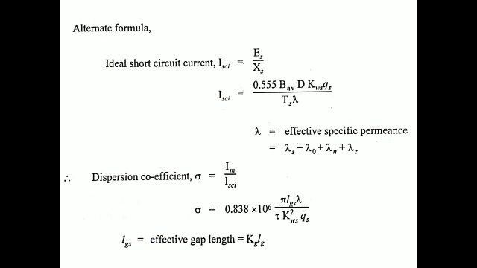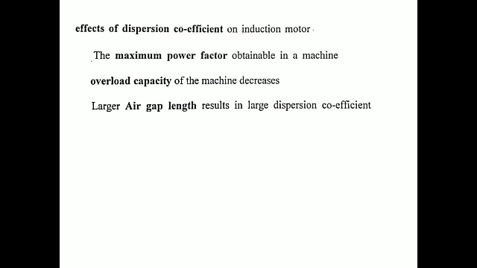That permeance is calculated by the summation of all four factors, lambda S, lambda naught, lambda N, and lambda Z. These are all constants. Then in this way we can calculate this Isc value. With this Isc value, the final depreciation coefficient is defined as Im divided by Isc, and simplified equations are given there. With this data, one more thing is there, LGS, which is nothing but the effective gap length, that KS and LS value.